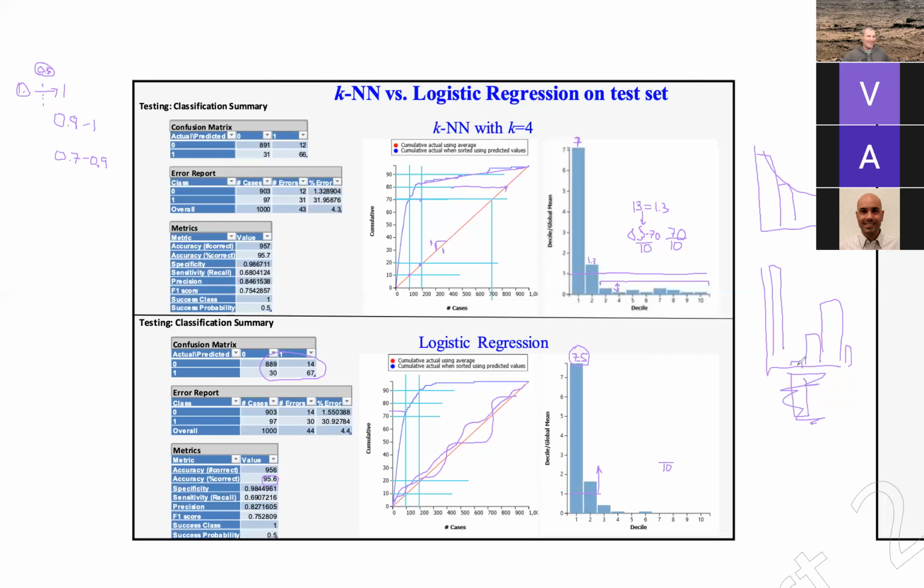It does this. So if you have an algorithm that does this and another one that looks like this, which one would you choose?